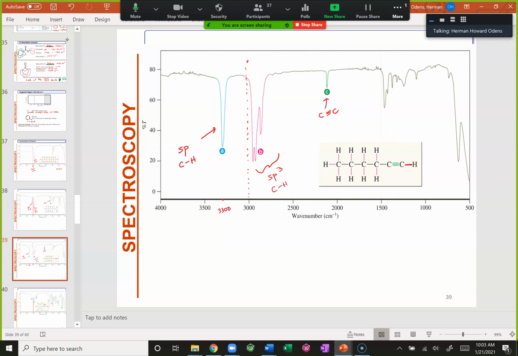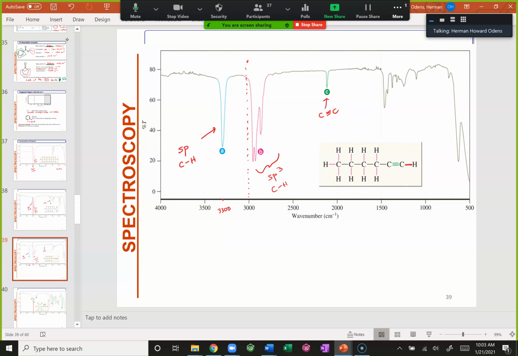The infrared is not an elucidation method. Elucidation means to be able to identify something. In organic chemistry, you will need two elucidation methods. Usually you need infrared combined with NMR, or MS with infrared, or MS with NMR.